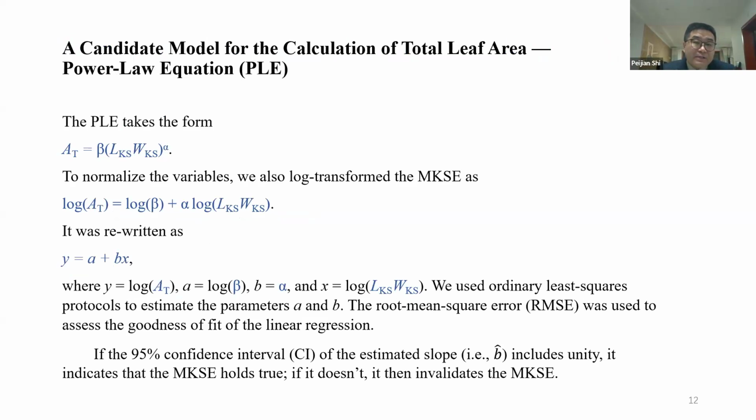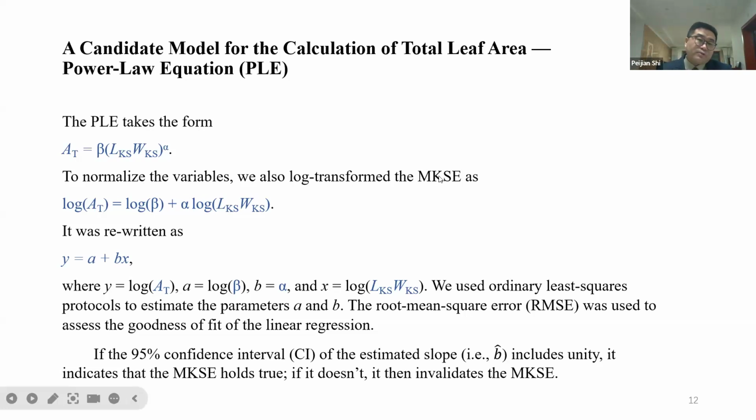If alpha is equal to 1, this power law equation reduces to a proportional relationship, namely the Montgomery-Koyama-Smith equation.